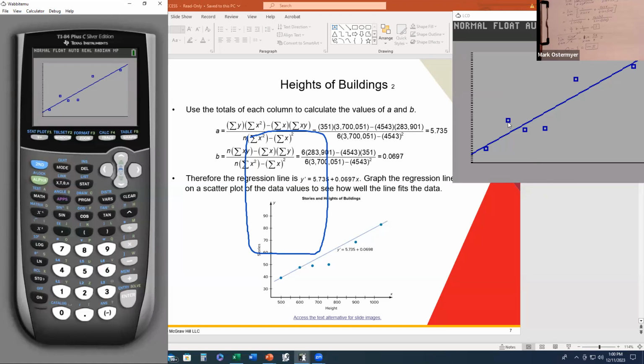This point seems a little bit far away. Let me see something here. 0.0698, 735.